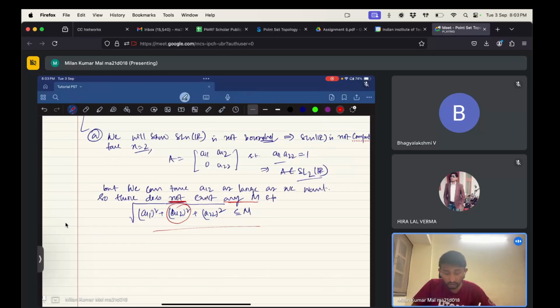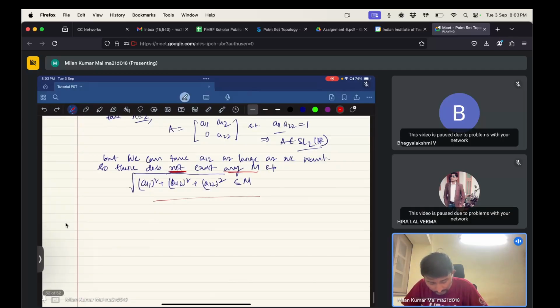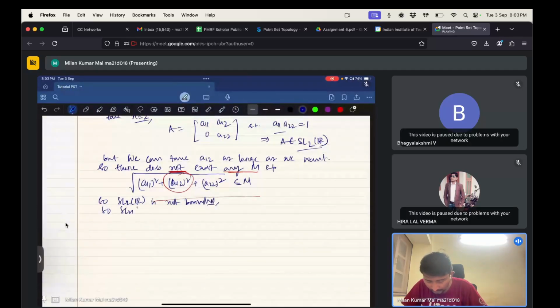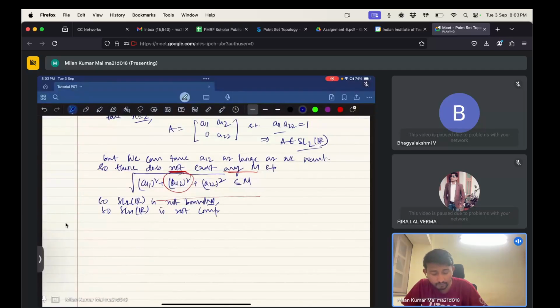So this is not bounded, which is the thing playing the role. So SL2R is not bounded, so SLnR is not compact. I am giving a counterexample. So option A is false.